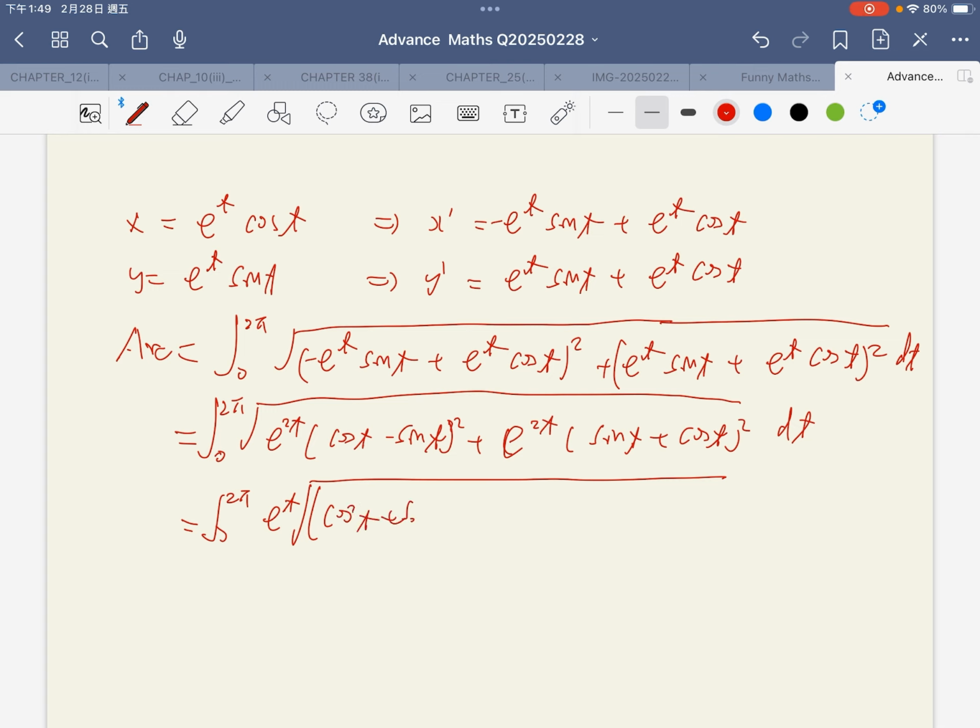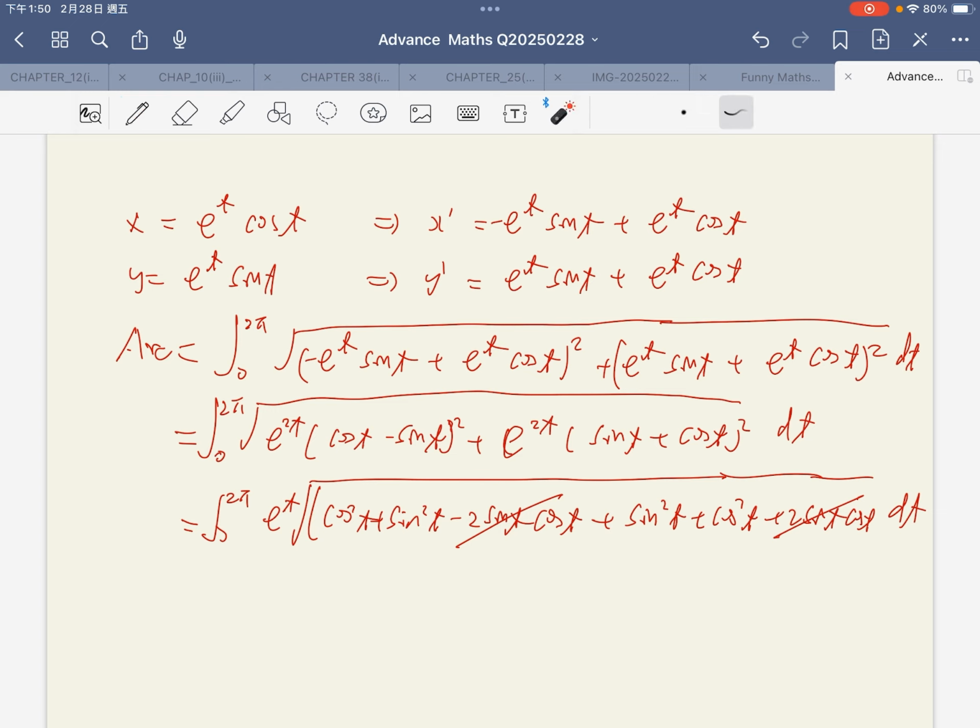This is cosine squared t plus sine squared t minus 2 sine t cosine t, and the other is sine squared t plus cosine squared t plus 2 sine t cosine t, dt. Oh, very nice. These two cancel. And sine squared plus cosine squared equals 1, so we get 2. Oh, very nice result here. Root 2 only. Nothing left.